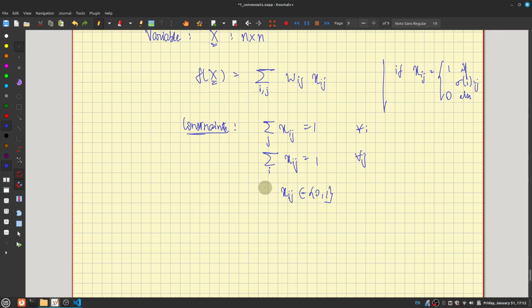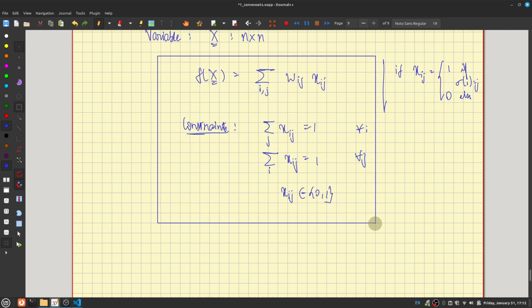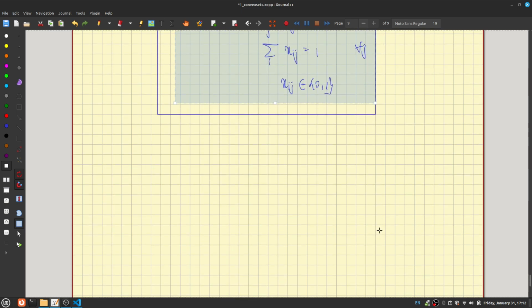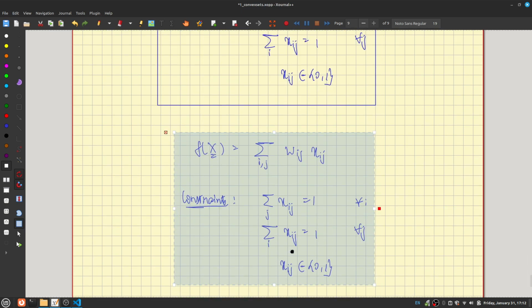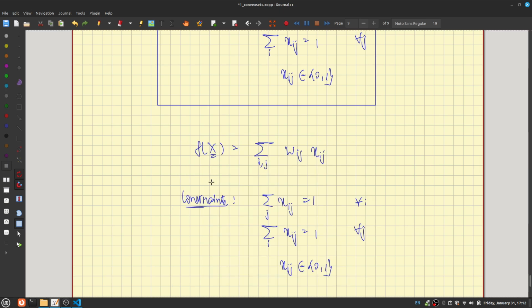Okay. So you agree that this particular problem is the problem that we want to solve. So if I can solve this efficiently, then I basically solved the maximum weight perfect matching problem. Hopefully you all agree with me on this. Okay. So now what I'm going to do is define a new problem which has exactly the same objective function.